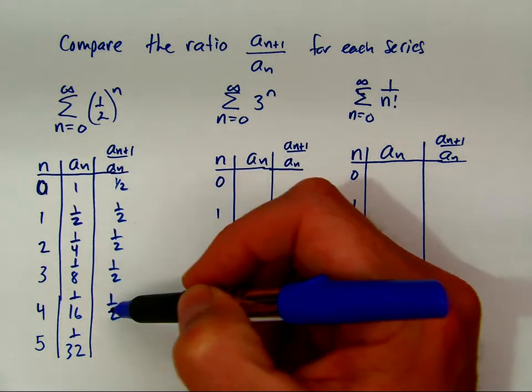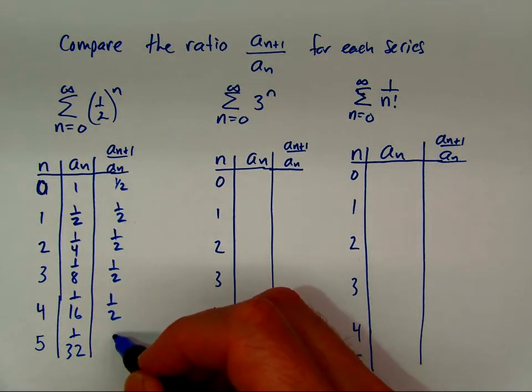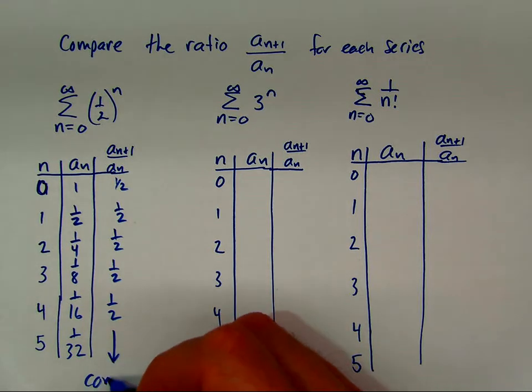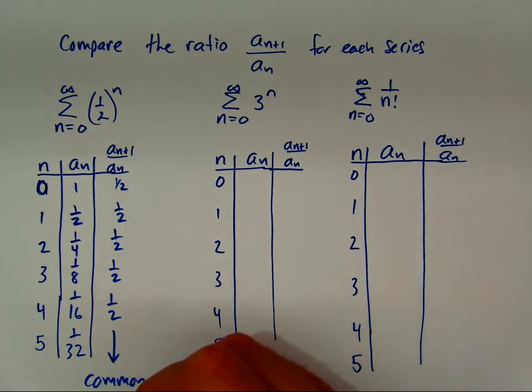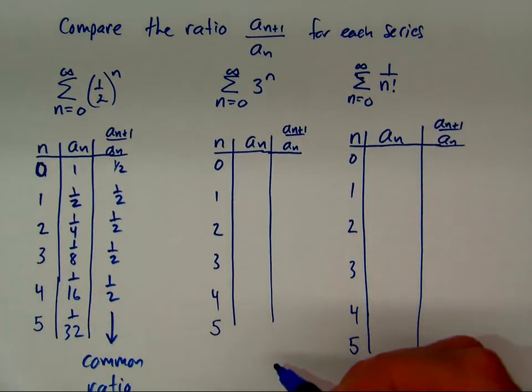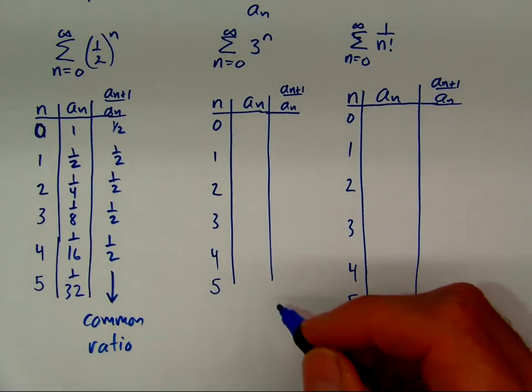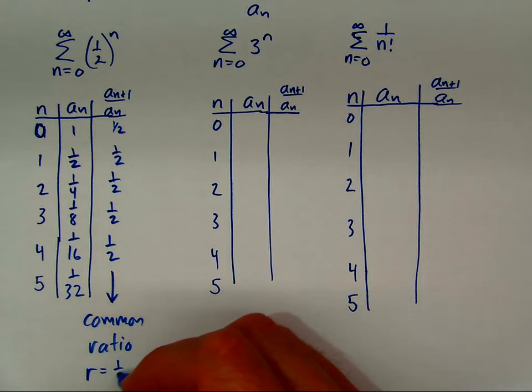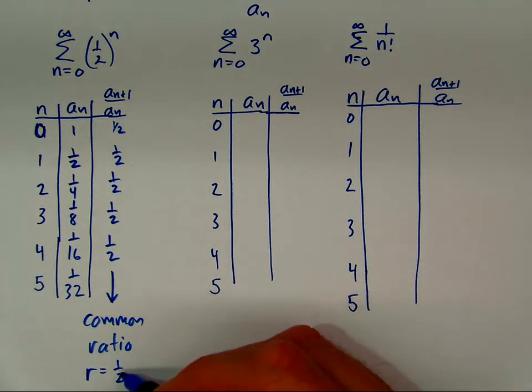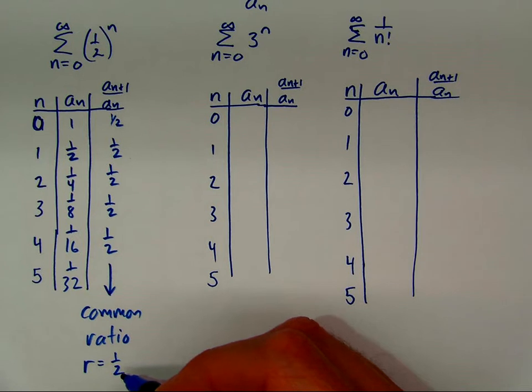So that's what we've been doing ever since Algebra 2. We have a common ratio. And we know that that means that the series converges.